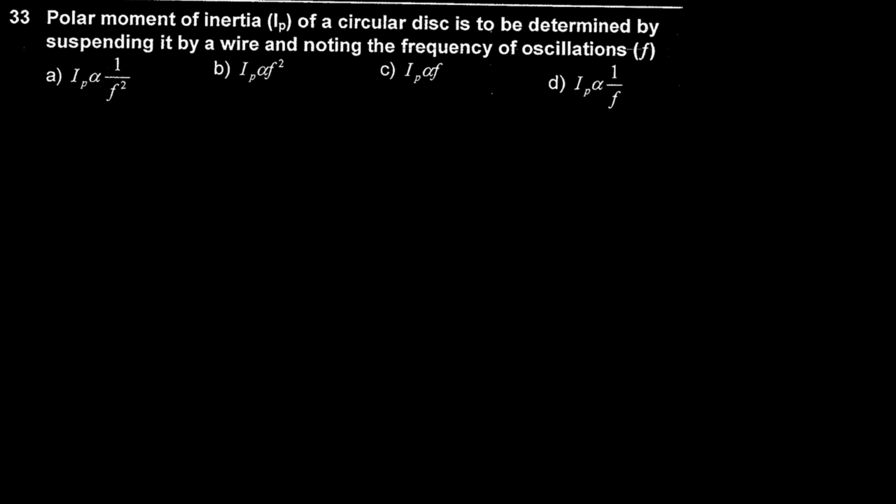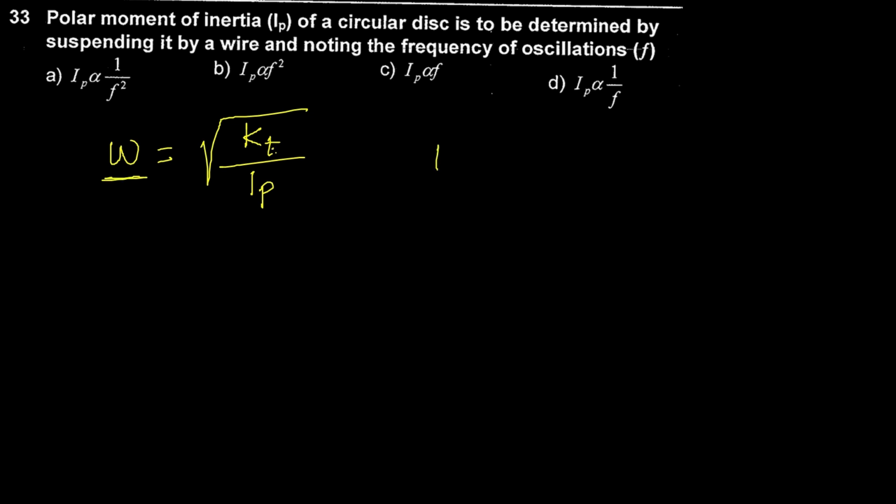Next question. The polar moment of inertia of a circular disc is to be determined by suspending it by a wire and noting the natural frequency of oscillations. We need to find the relationship between polar moment of inertia and frequency of oscillations. We have omega equals square root of Kt by Ip, that is polar moment of inertia. Kt is torsional stiffness, omega is angular frequency.